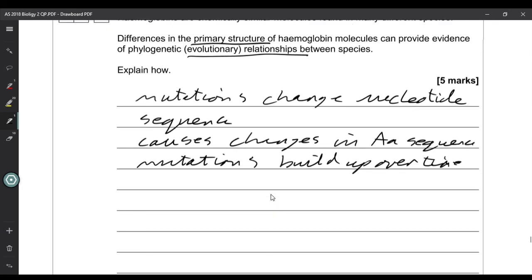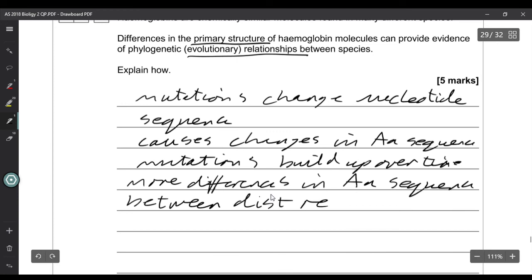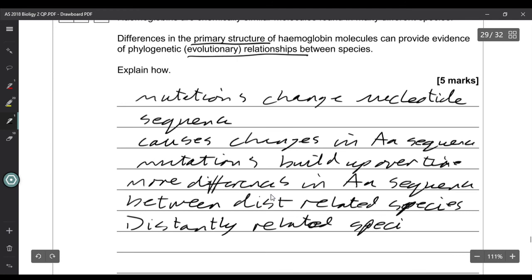So to put that down, we can say that more differences in amino acid sequence between distantly related species implies that distantly related species have an earlier common ancestor.